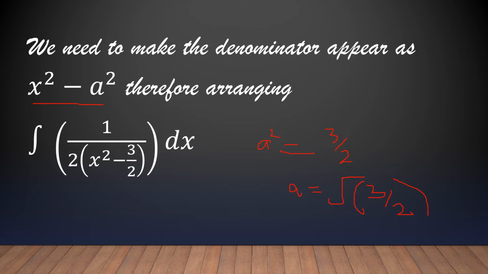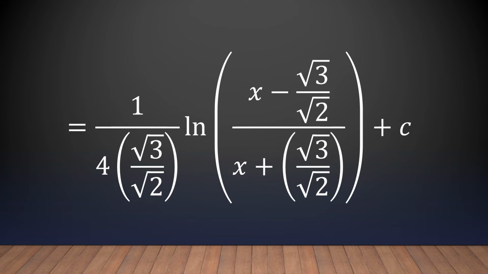Wherever I want a, I substitute this. Applying the idea here, this will be true, because I have 1 over 2a coming out, and the one half that we factorized from 2x squared. So I get a 4 here.